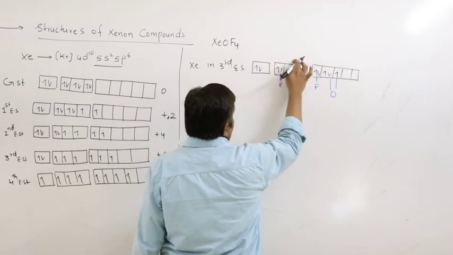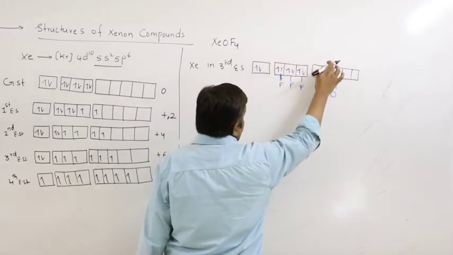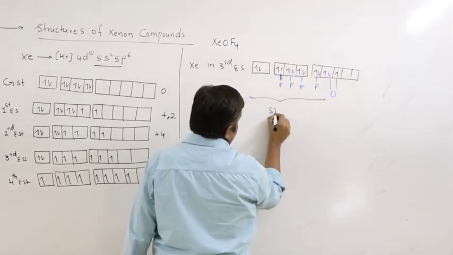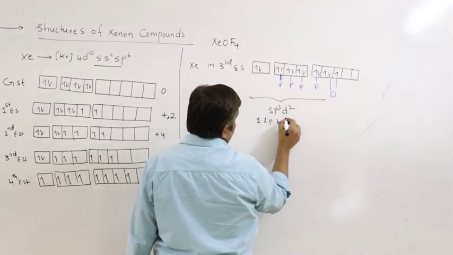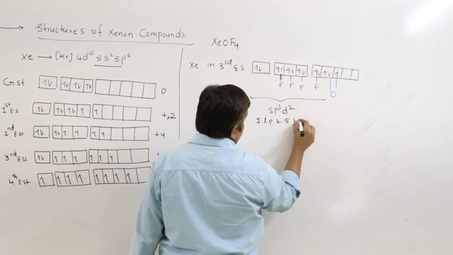So S, P, P, P, D, D. So hybridization must be sp3d2, 1 lone pair, 5 bond pairs.